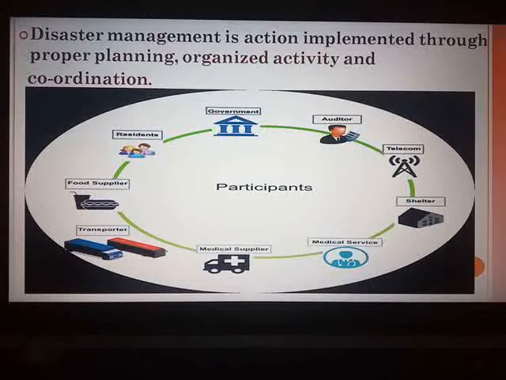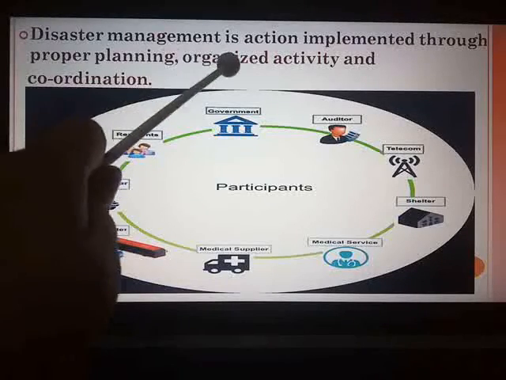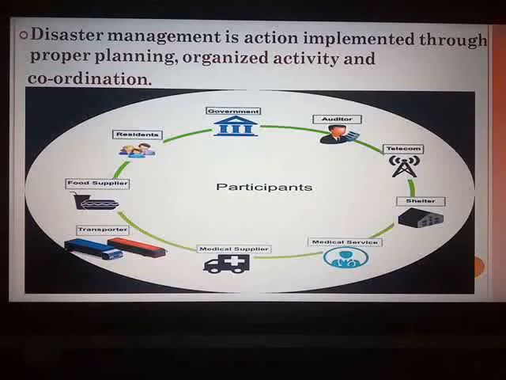After a fire accident, the after effects are different. After a tsunami, the effects are different. So proper planning for each and every disaster has to be made, along with organized activity, and the main thing is coordination among the members who are part of this management.